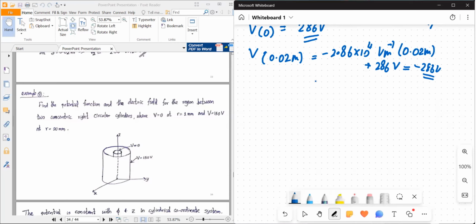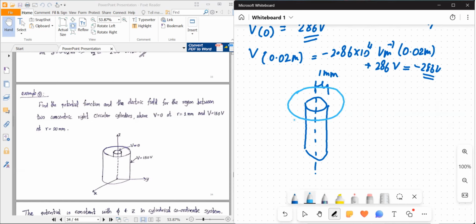Now, we have two concentric cylinders. So the radius of this cylinder is 1 millimeter, and we have another cylinder with radius 20 millimeters.